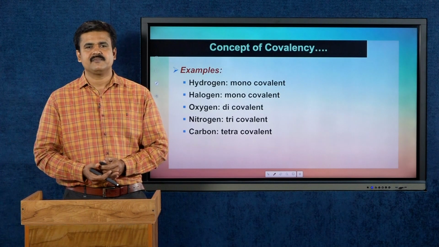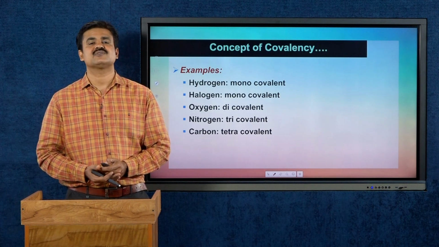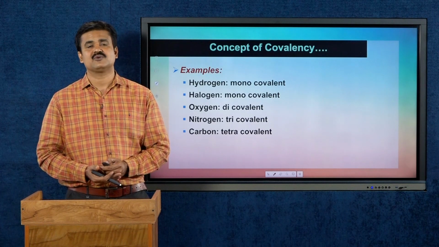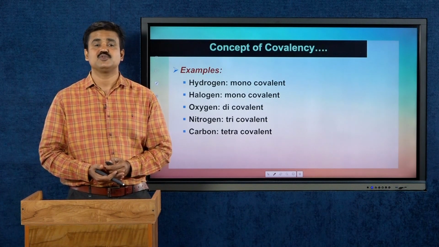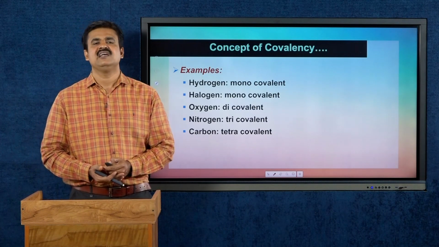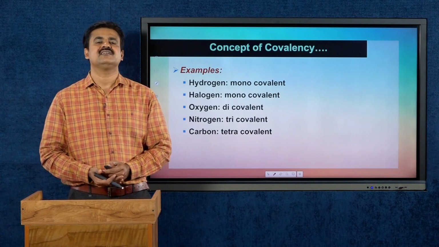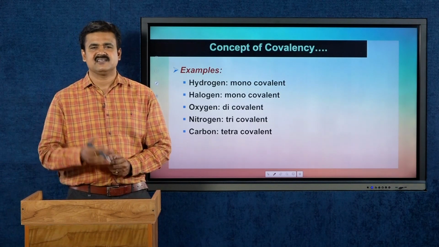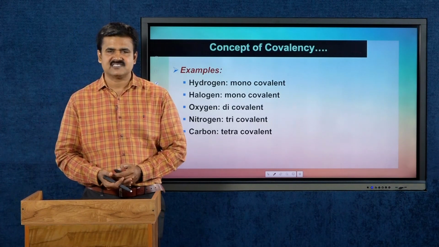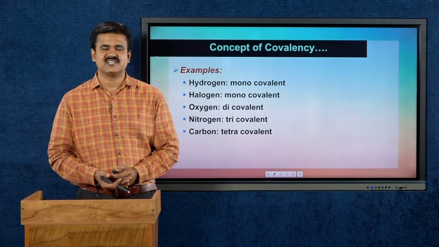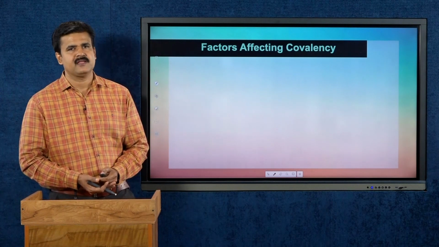At the same time, even though there are 6 valence electrons around the oxygen atom, it requires 2 more electrons to complete octet, so it can form 2 covalent bonds, so oxygen is said to be dicovalent. Similarly, nitrogen is tricovalent, and the most common example, carbon, is a nice illustration of tetracovalency, or carbon atom is said to be tetracovalent.